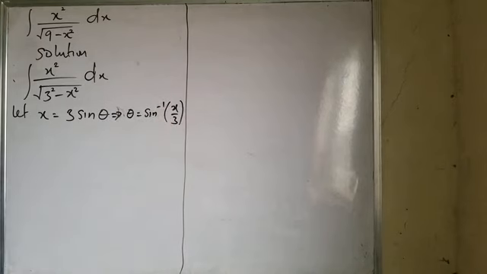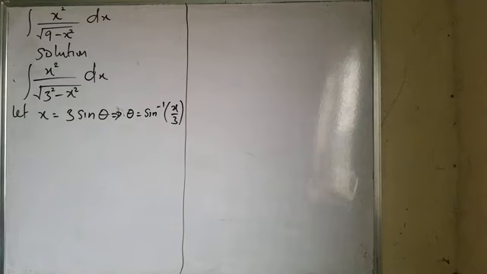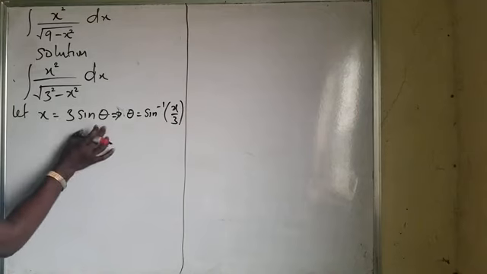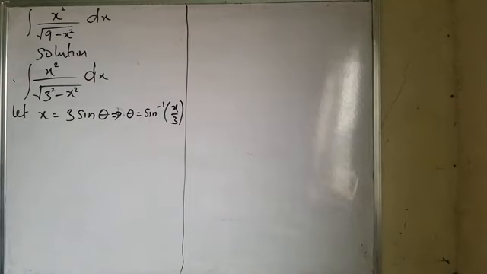Please take note of that: sine inverse of x over 3. I told you at the beginning of this video that there are three conditions, and on that, x equals this and theta equals this. That's very fine.